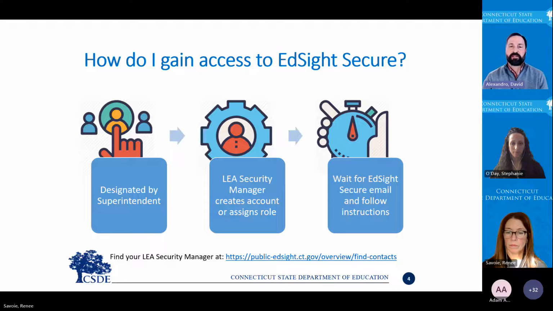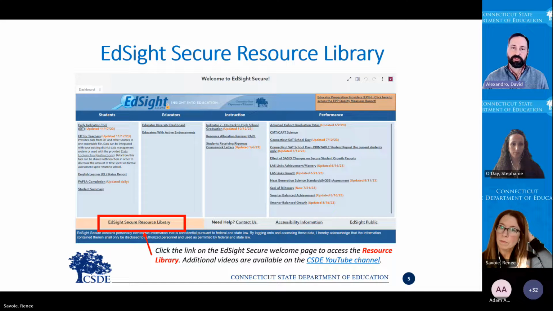Then we have a district level security manager who accesses the system, and we receive that request and add the users requested by the LEA security manager. Once that is processed, you'll get notified and we'll go from there. Once you have access, this is what you'll see in the welcome screen.